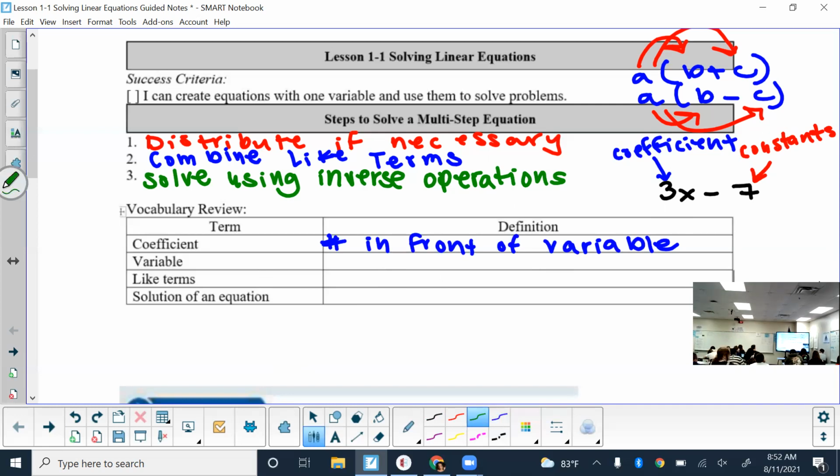Yes. The x, right? So it's your unknown. So your variable is going to be your unknown, which is represented by a letter. Usually that letter is X or Y, those are really common, but really it can be any letter. So variables are unknowns represented by a letter.